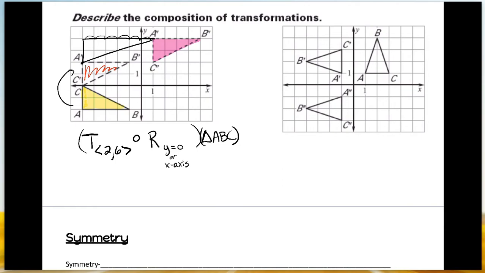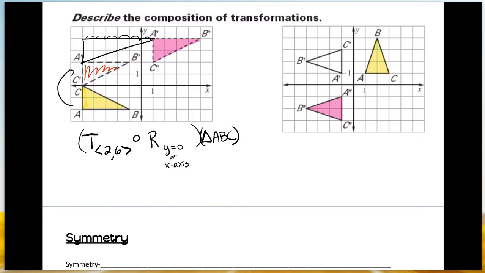And this is our composition of transformations notation that we are aiming for. On the picture on the right, I can see that I started with ABC here in the top right. And I want to end with this triangle down here at the bottom. I can see that this triangle is turned to the left, like it's sort of twisted.